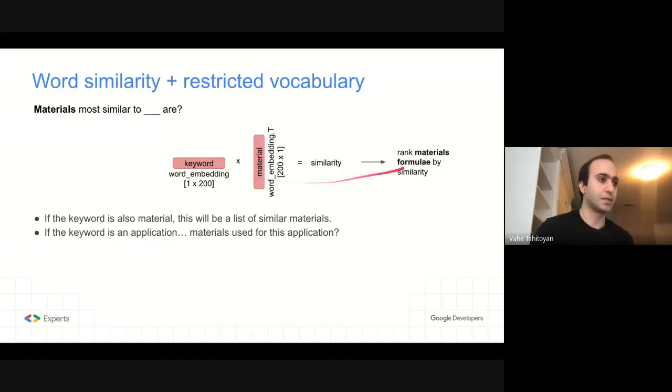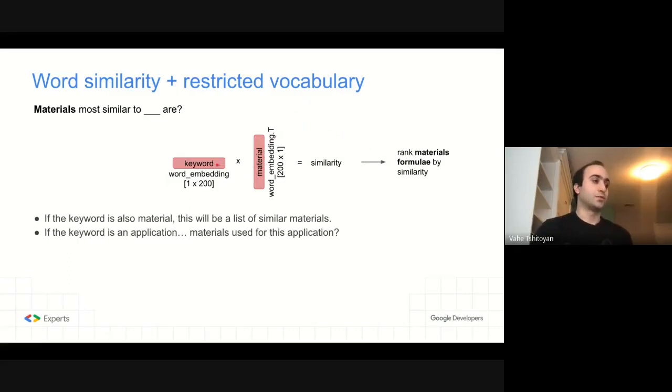This is easy to do because material formulas have a very specific structure, so you can identify which words are material formulas. Although during training you just treat them as strings, once you're done with training, you can separate them out. And to generalize this, it doesn't have to be material formulas. Any set of entities, if you have a big dictionary of things you want to rank, let's say names of drugs, for instance, you could use.